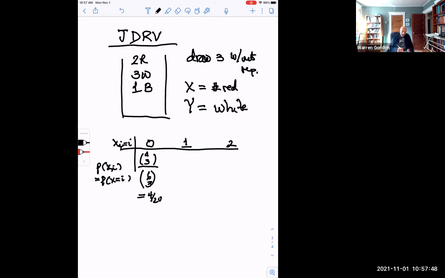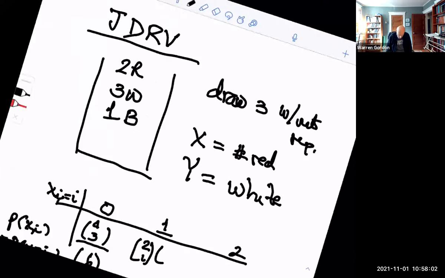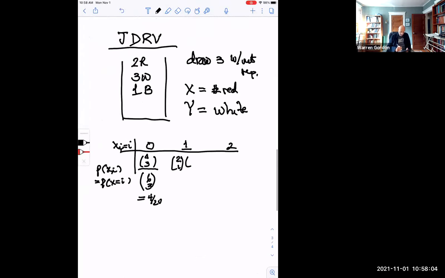If I get 1 red, then I'm getting 2 from the other 4. Which turns out to be 12/20.